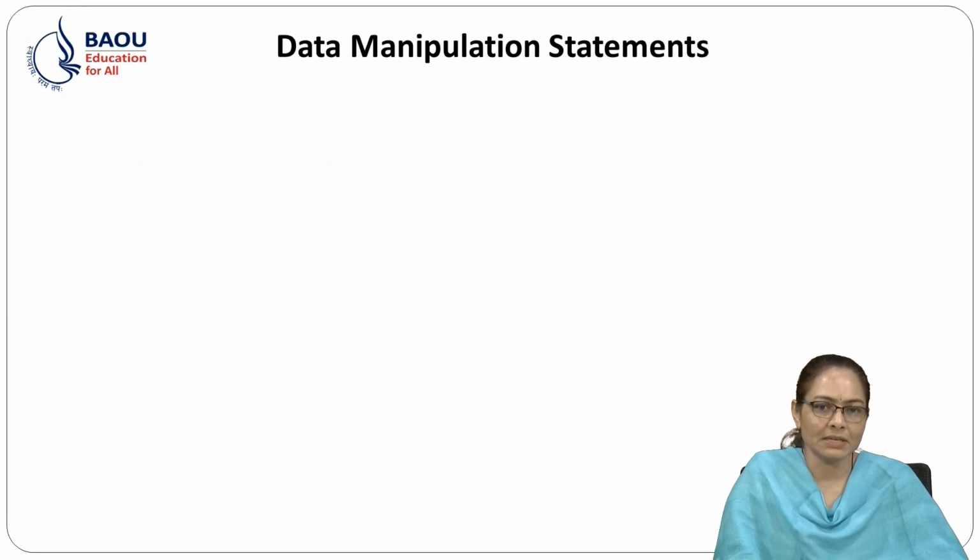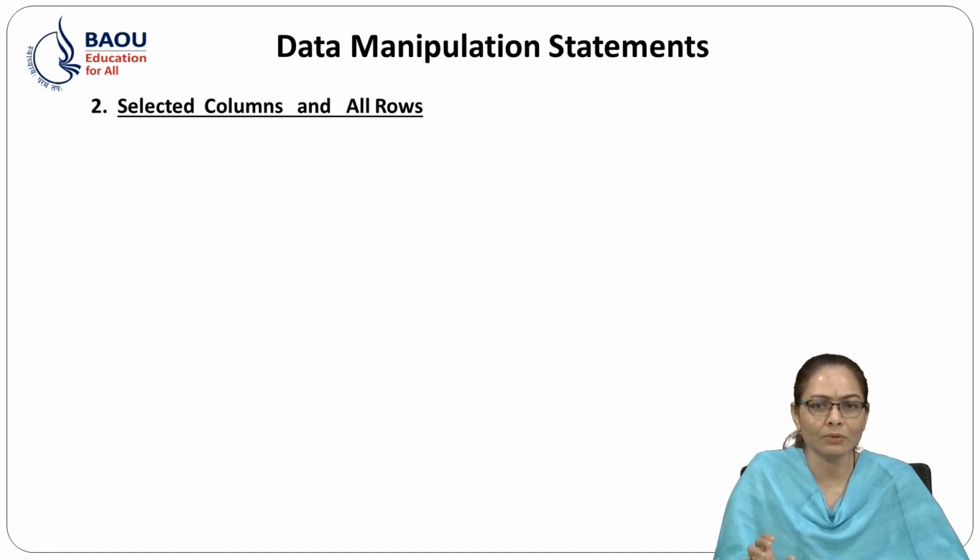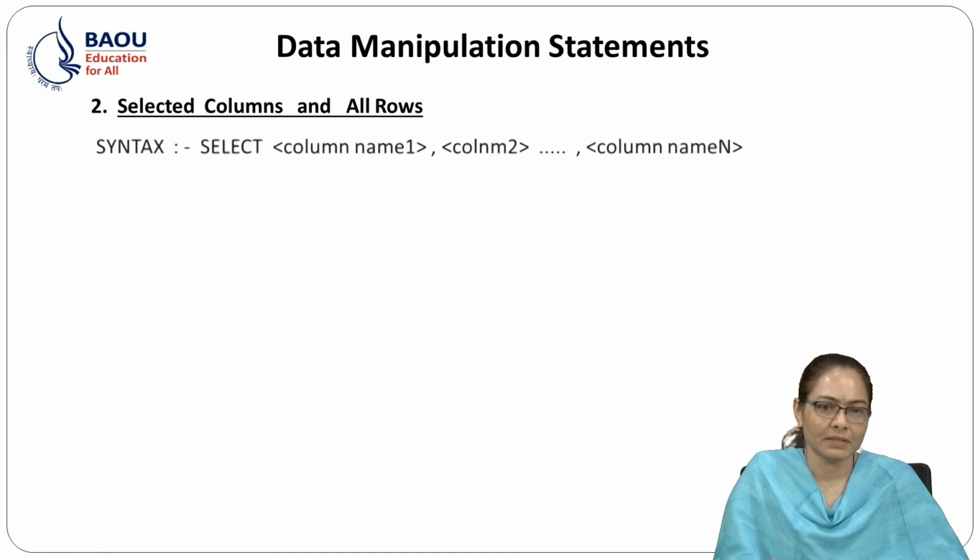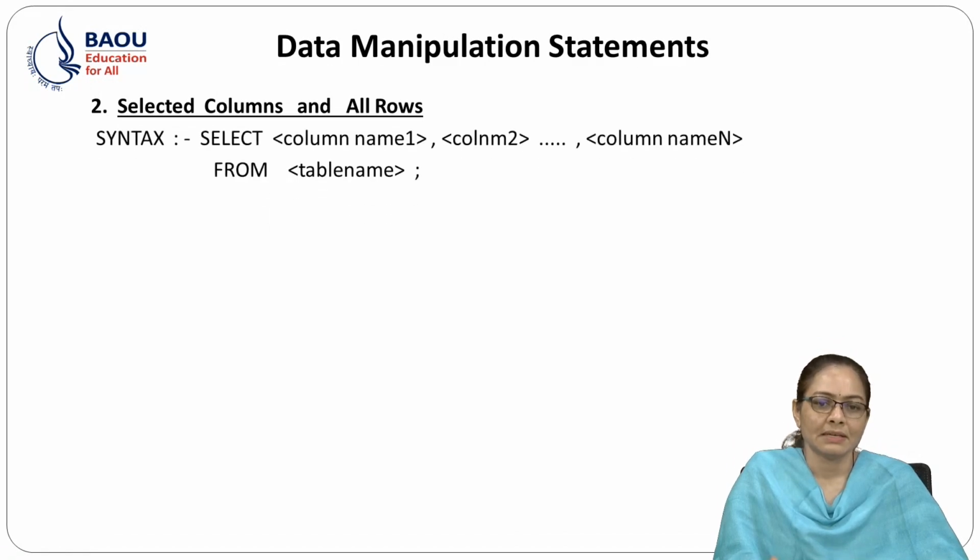Now the next one is selected columns and all the rows. How do we write the select command to display the selected columns and all the rows? The syntax is select column name 1, comma column name 2 up to column n from table name.